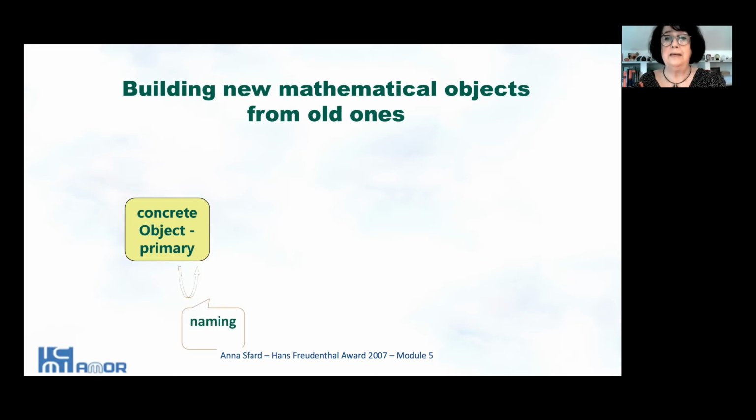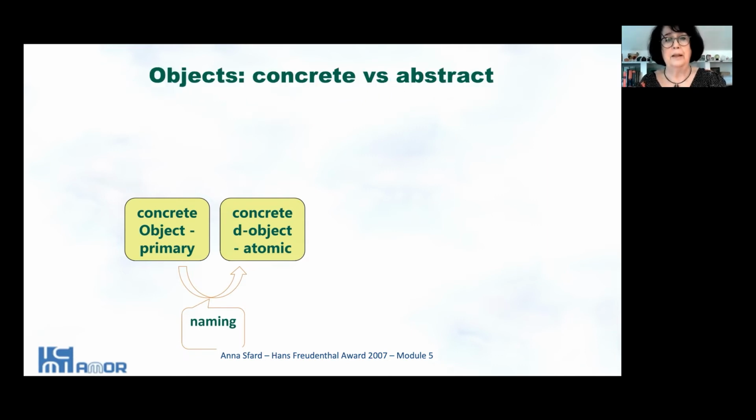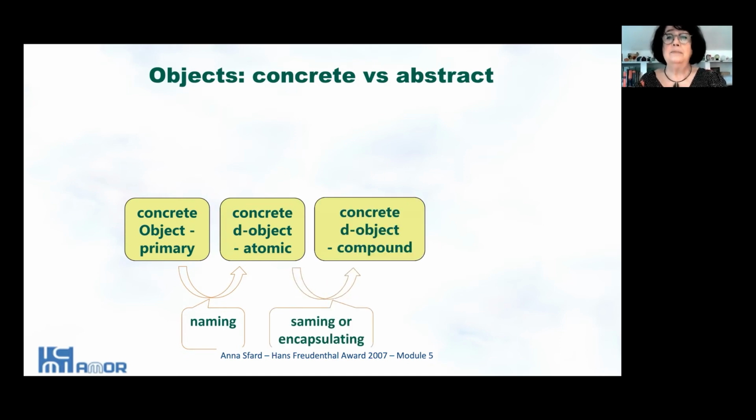In this way, atomic or elementary discursive objects are created. Discursive objects are created by naming primary objects. In this third stage, some atomic discursive objects are combined by saming or encapsulating into compound discursive objects.